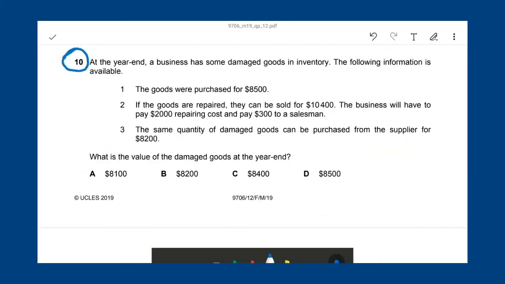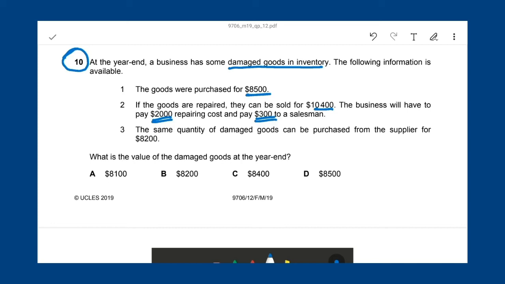Next question 10. At the year end, a business has some damaged goods in inventory. The following information is available. These goods were purchased for 8,500. If the goods are repaired, they can be sold at a selling price of 10,400. At the same time they have the cost of sales: 2,000 repairing cost, 300 to the salesman.